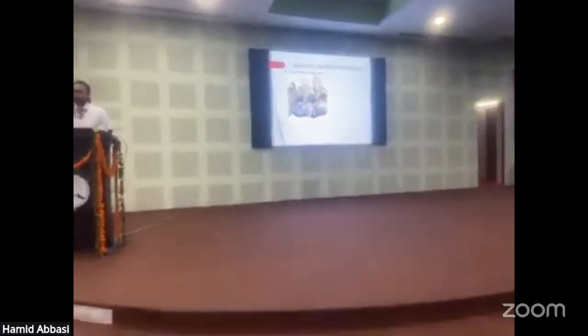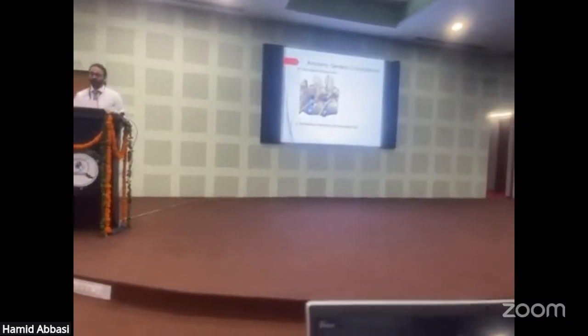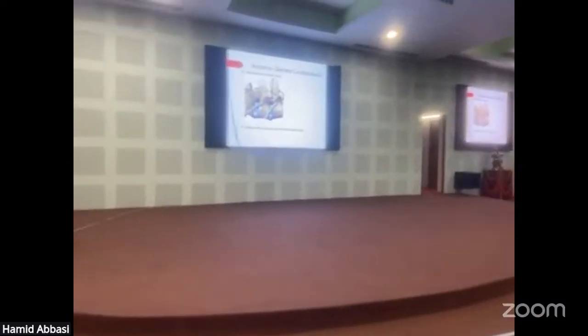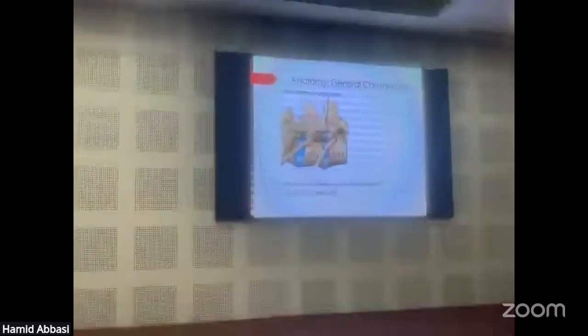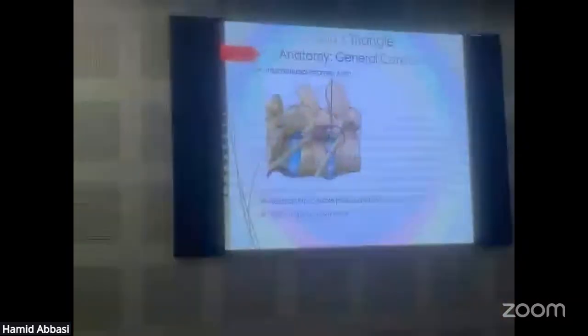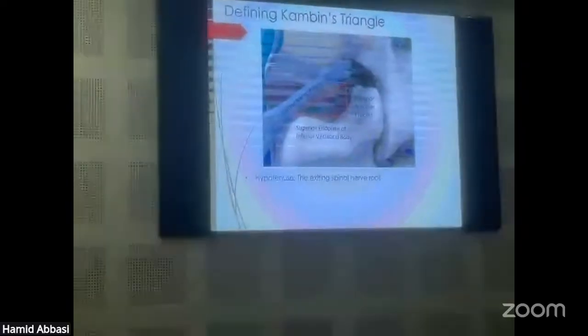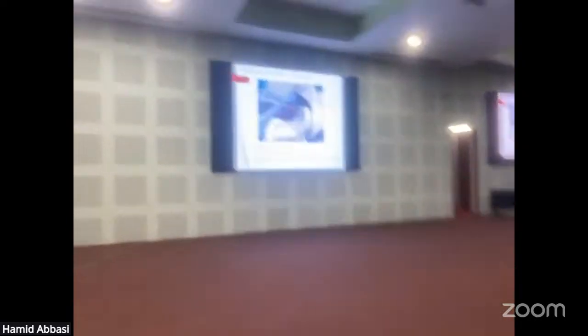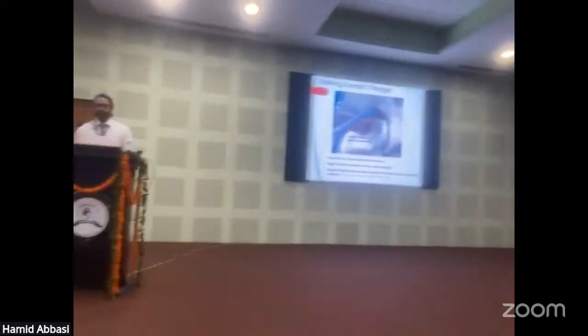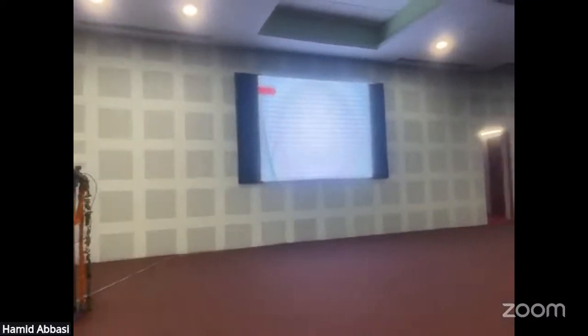So, the general considerations are basically the foraminal area and its relationship to the disc space and the intervertebral disc area and part of the spinal nerves nearby. Basically, it's the exiting spinal nerve, the root of the cranial level, the superior end plate of the inferior vertebra, and the superior articular facet of the inferior.